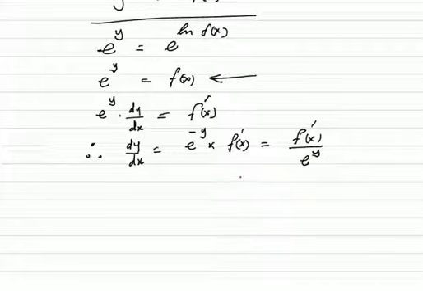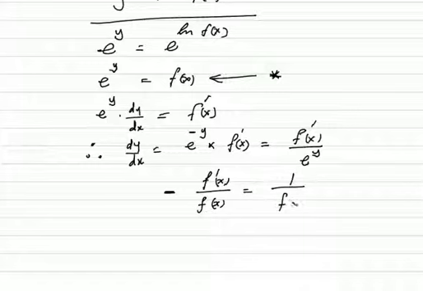Now, if you look at this stage here, e to the power y is actually the what? The function. E to the power y is actually the function f of x, which is the argument. Then you come back to what you saw before, that this is f prime of x over f of x, which is equals to 1 over f of x multiplied by the derivative of the argument.